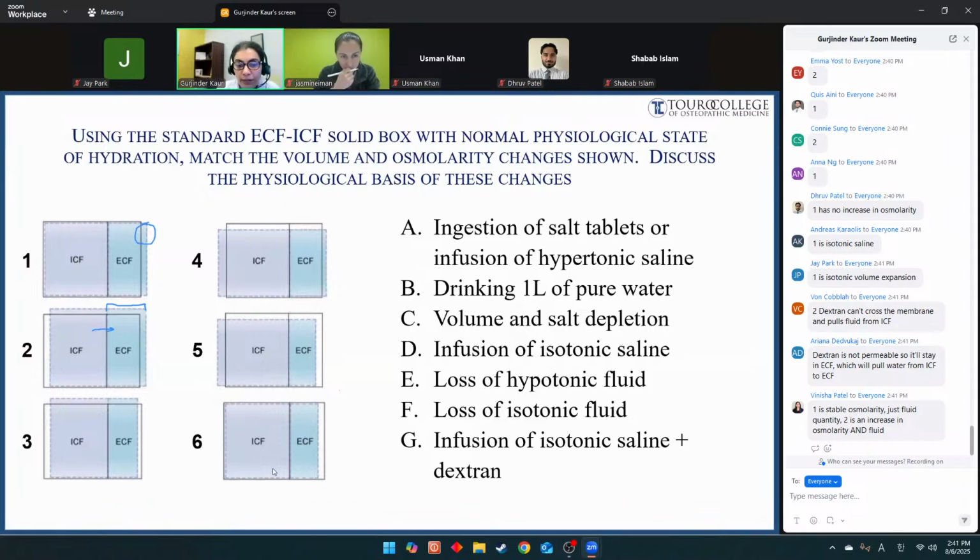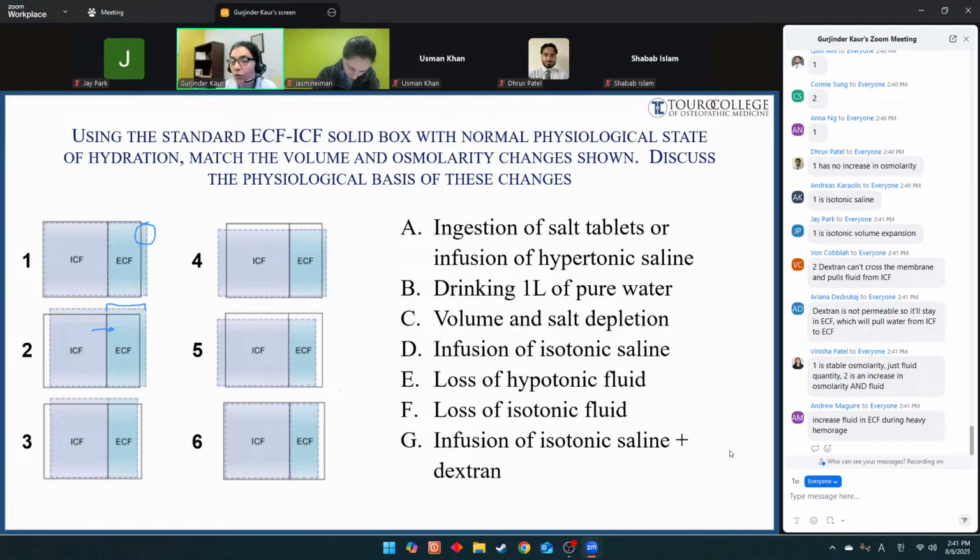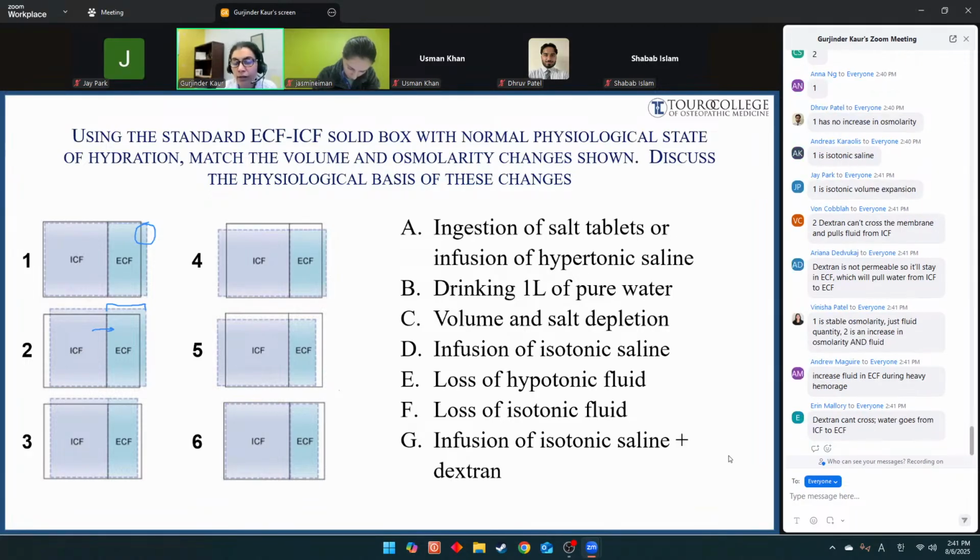Can anyone explain to me? I did explain yesterday. Yes, Ariana is saying if you add dextran, which is a high molecular weight carb, it just sticks in the ECF. We call it plasma expander. So in case you see a question in exam for dextran, just remember one name, plasma expander. When we say plasma expander, that means it's going to fill up your ECF volume.